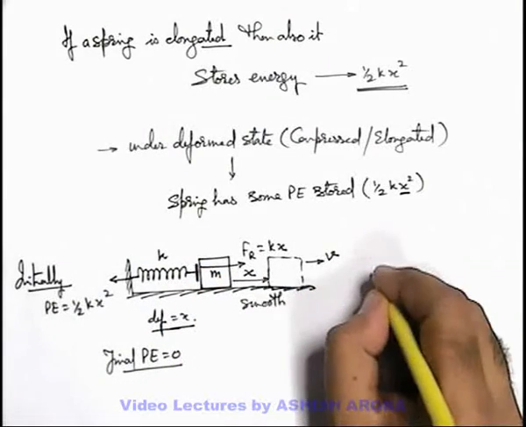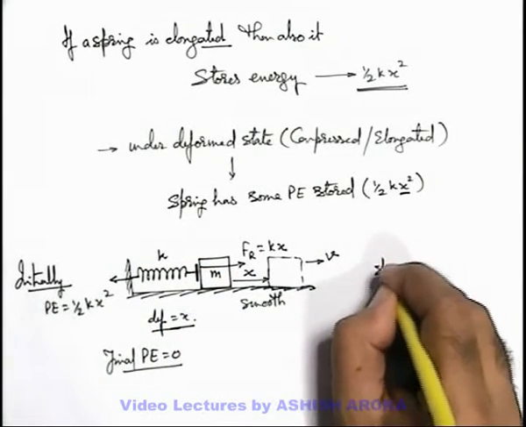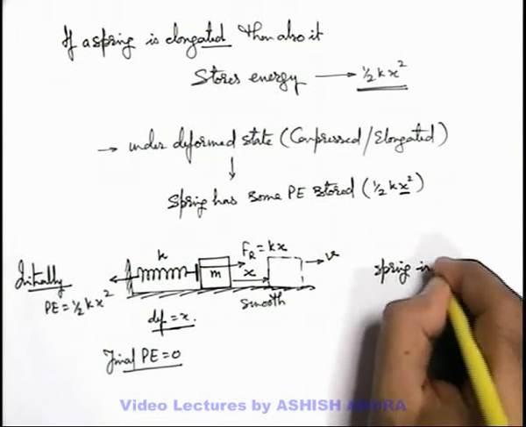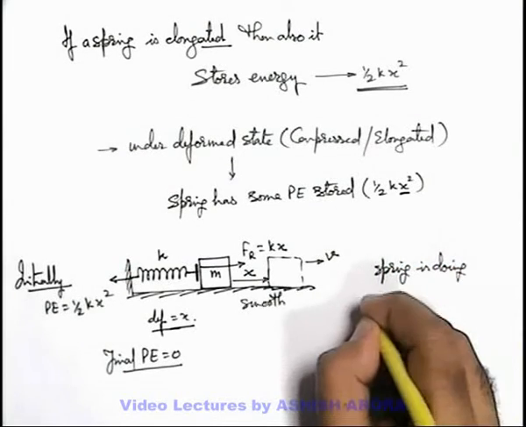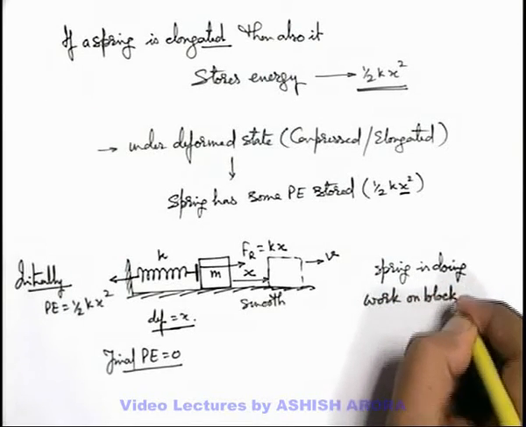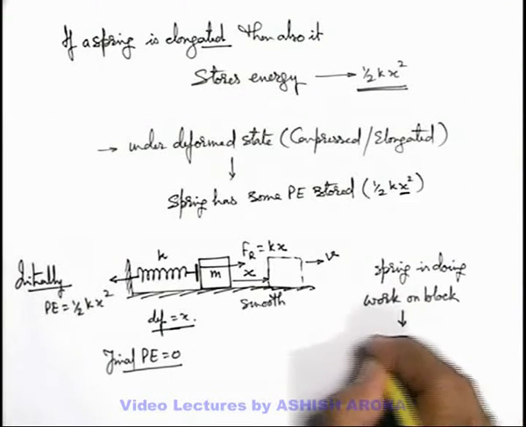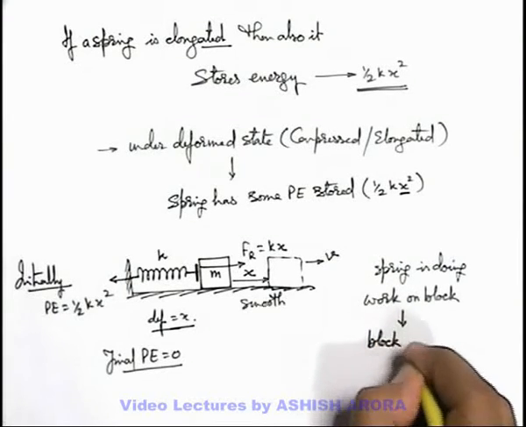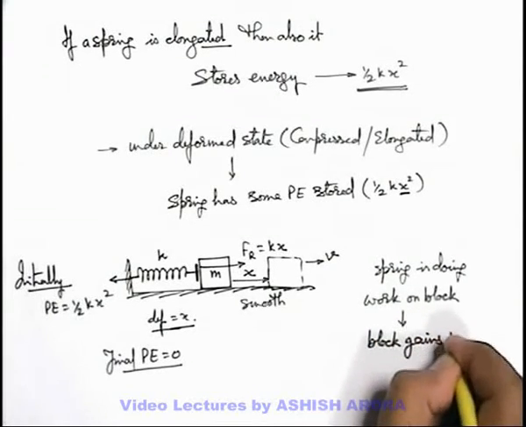As the block is displaced in the direction of this force kx, the spring is doing work on the block. That means the spring is supplying energy, so the block gains kinetic energy.